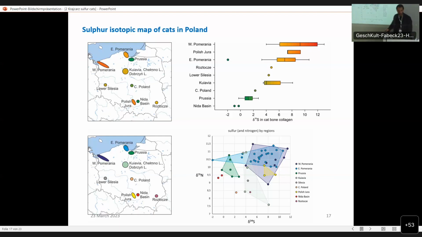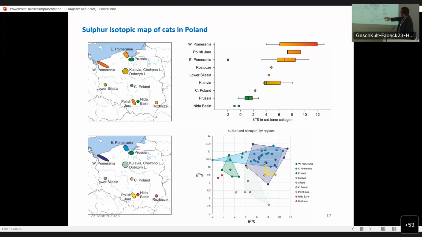And in some areas that are very distant from the sea, for example here in southern Poland, in the Polish Jura, the second one from the top, we have very high sulfur values. That's because of the geological background, because we have Jurassic rocks in the Polish Jura. So we have sulfur values similar to the coastal ones. So it means that it's really very complex.